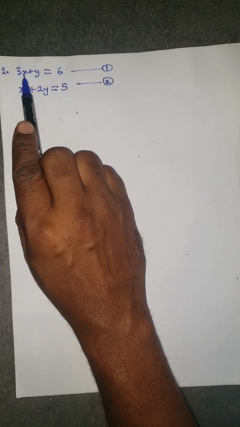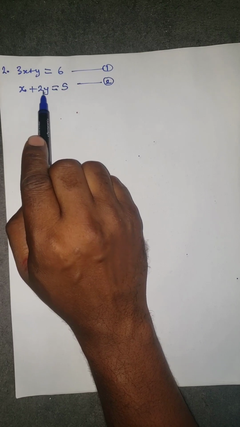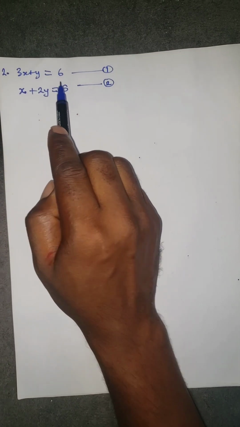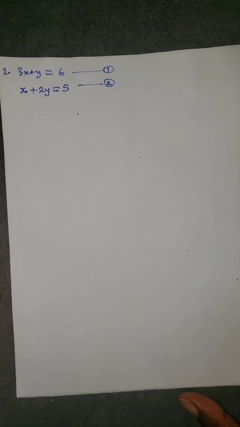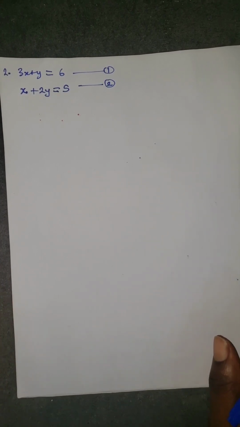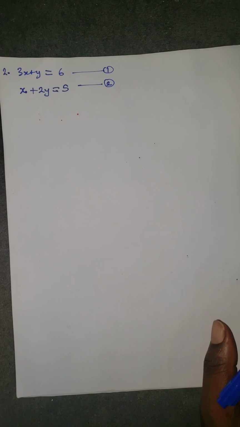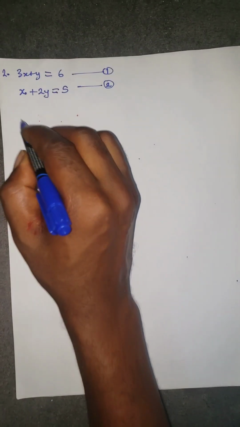So let's take this example 2. We have 3x plus y equal to 6 and x plus 2y equals 5. Like I said, if you have not watched the way we plotted a linear equation, please go and watch that video and come back and see what we are going to do, because what we did in the second method in that video is actually what we are going to do here. What is it that we normally do?